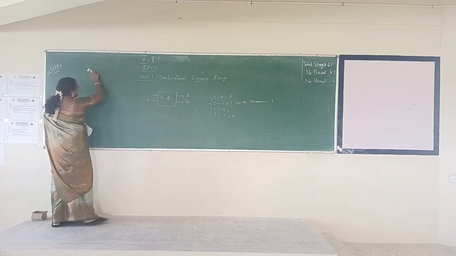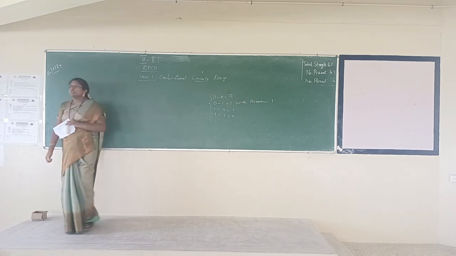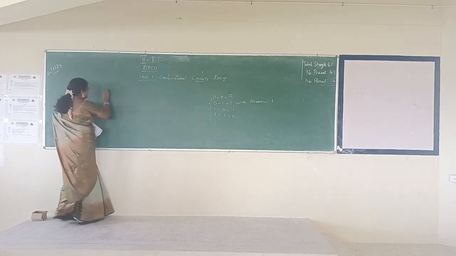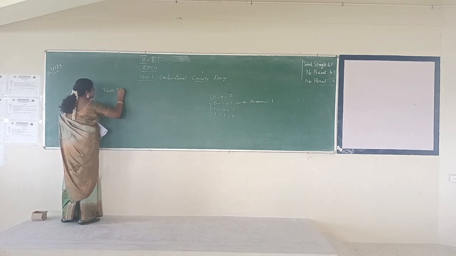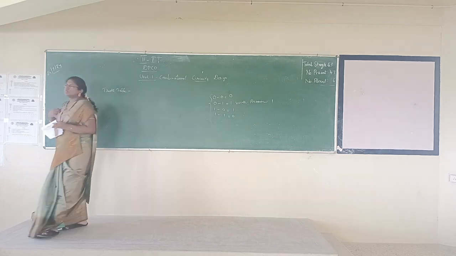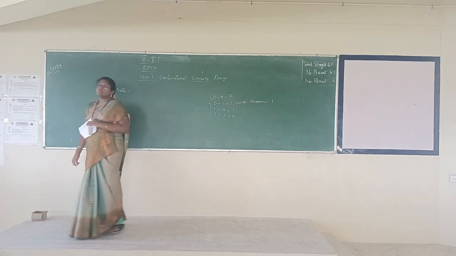The heading is truth table. Do it by yourself. What are the inputs?